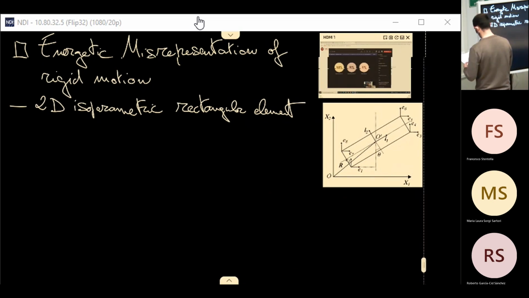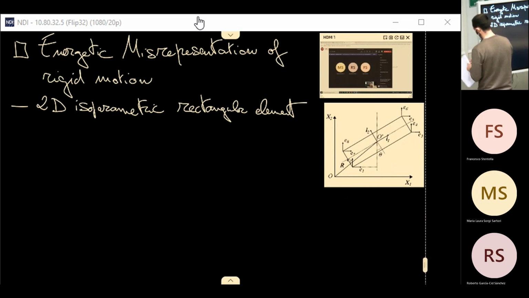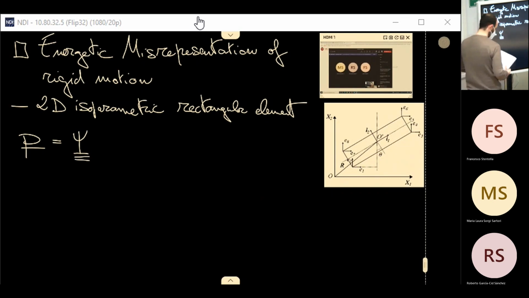And what we were able to derive eventually was the following structure. The position of each point within the element could be expressed as the element shape function applied over the element nodal coordinates.